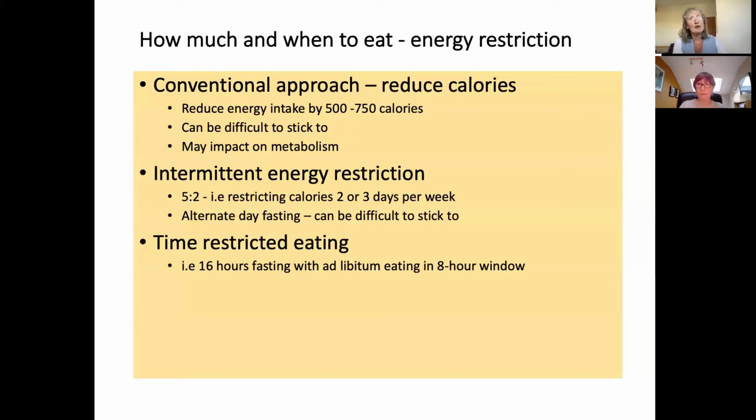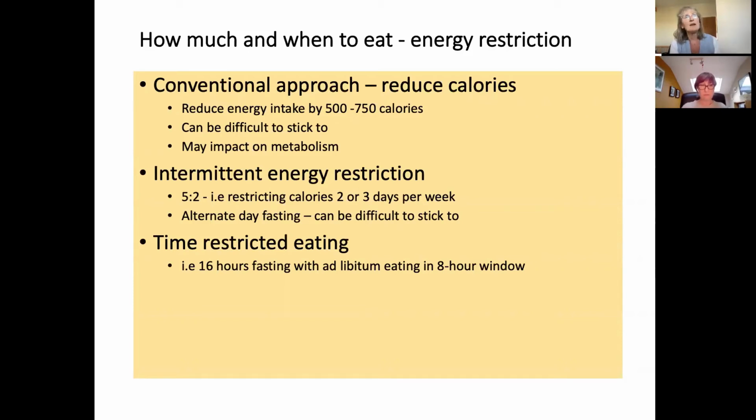So another approach around energy restriction is the intermittent energy restriction. There are two examples I'll just talk about here. One is the 5-2 diet, where you eat normally for maybe 5 days a week, or 4 or 5 days a week, and then the other 2 days of the week you restrict your calories quite substantially, down to about 800 calories, and you move between normal eating and restricted calories on those days.